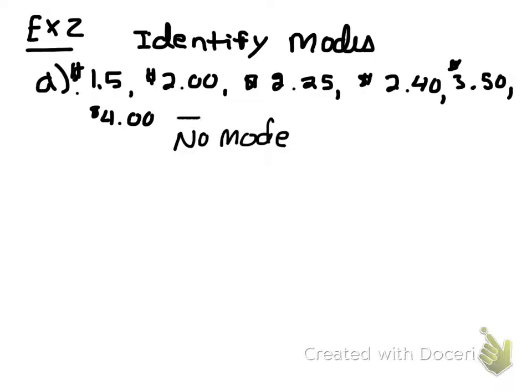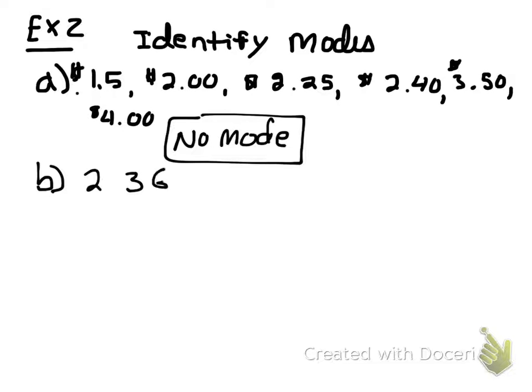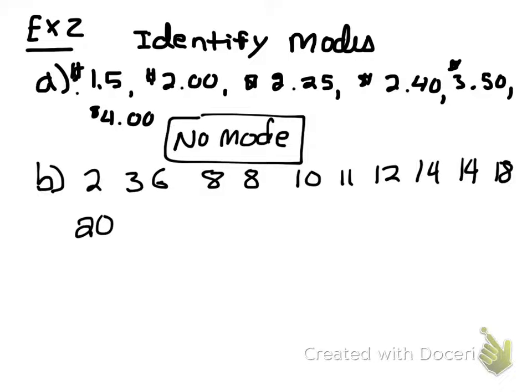No values repeat, so there is no mode. Okay, we're going to look at another list of values: 2, 3, 6, 8, 8, 10, 11, 12, 14, 14, 18, and 20. Out of this list, 8 and 8 repeat, and 14 and 14.